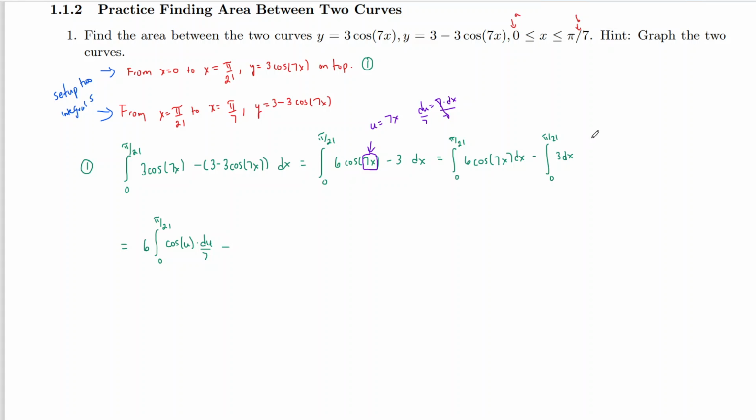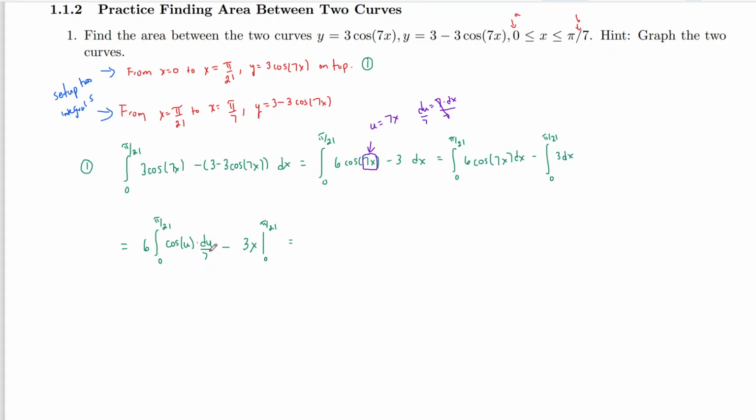And then we have the minus here, and when we integrate 3 dx, we get 3 times x, and then these are x bounds. I know we didn't write x equals, but I'm just going to convert them back to all the x from 0 to pi over 21.